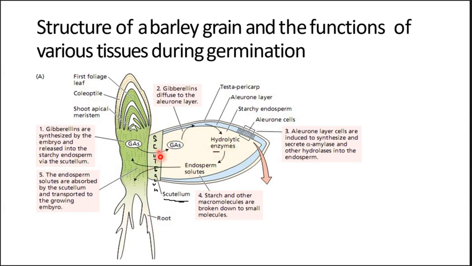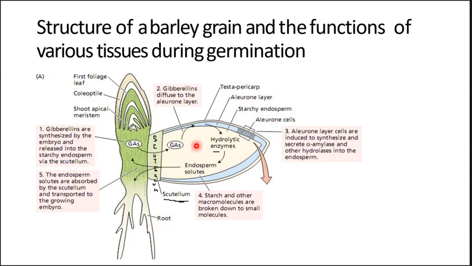So I repeat what we studied. The embryo is this region, which is followed by the scutellum. The scutellum is an absorptive tissue which will mobilize the nutrient and transfer it from the endosperm to the embryo.